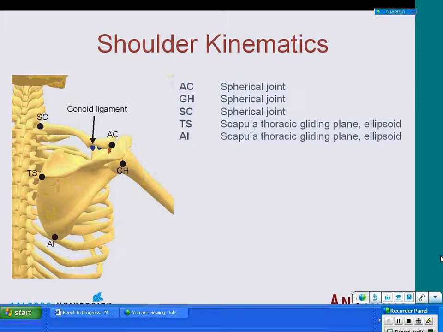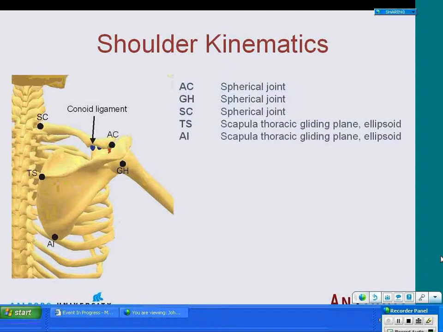Now, first a few words about the shoulder kinematics. Those of you who have looked at shoulders previously know that it's a mechanically rather complicated system because it is a mechanism that comprises a closed loop in the shoulder girdle. This is the loop that goes from the clavicle to the scapula, and then back again to the clavicle through the rib cage.